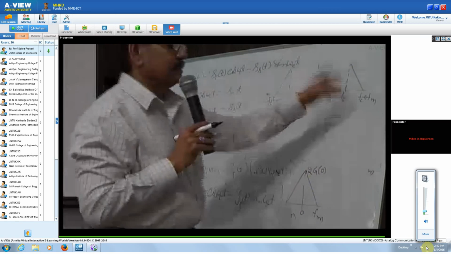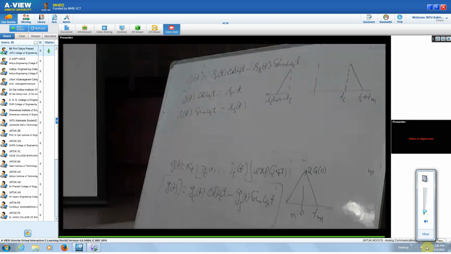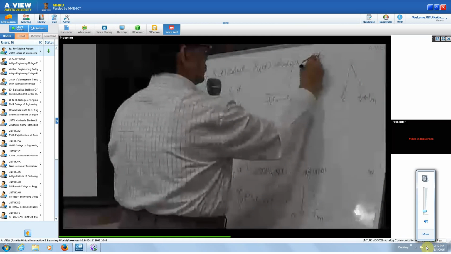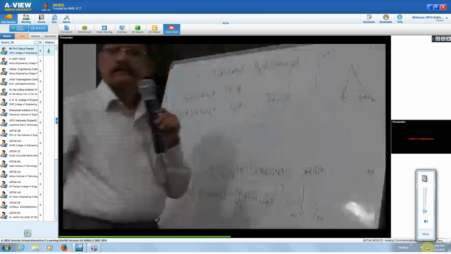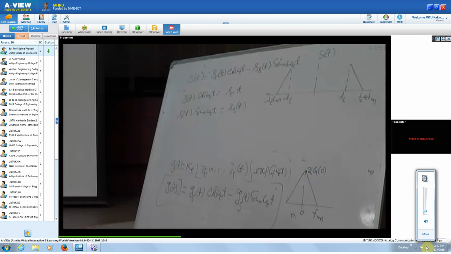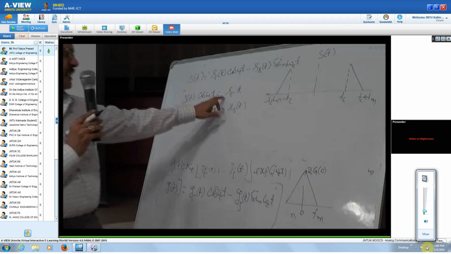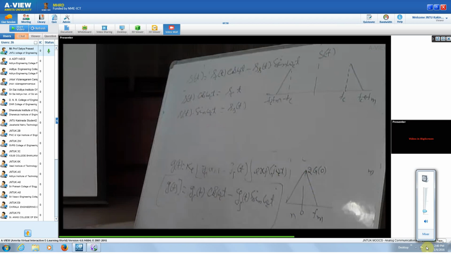That's why I'm putting it as dotted only. But from minus Fc to Fc plus Fm, you have all the frequency components. This is our S of f. This is our upper sideband frequency domain representation. And we want to get your Sc of t or Ss of t.